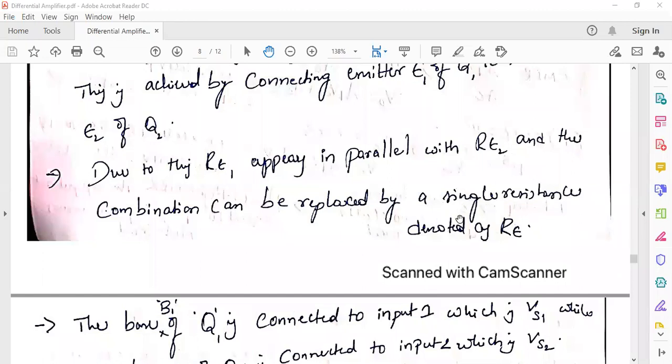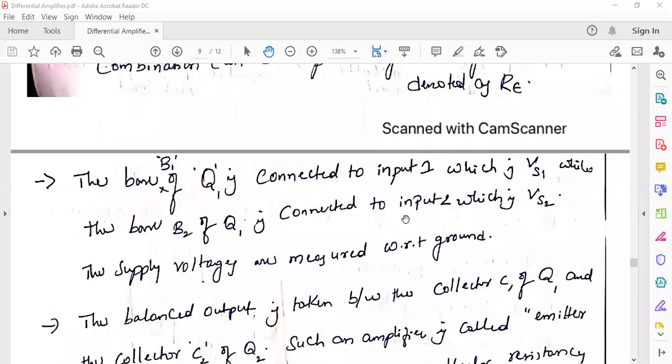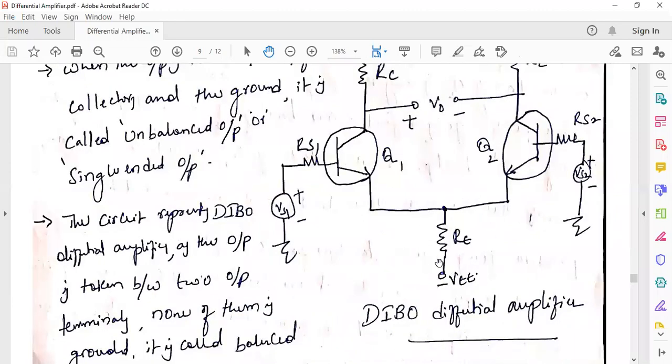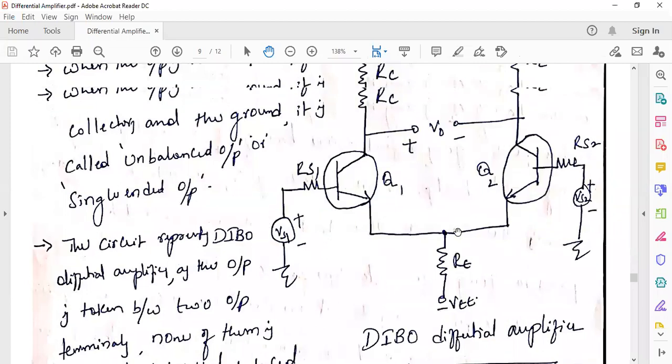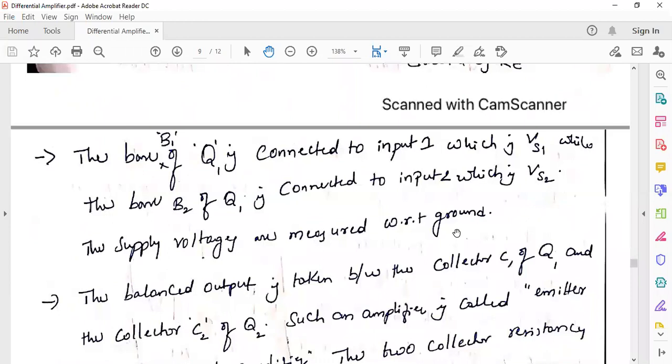So in the place of the parallel combination of RE1 and RE2, I have placed a single resistance RE, where the value of RE is RE1 into RE2 by RE1 plus RE2.